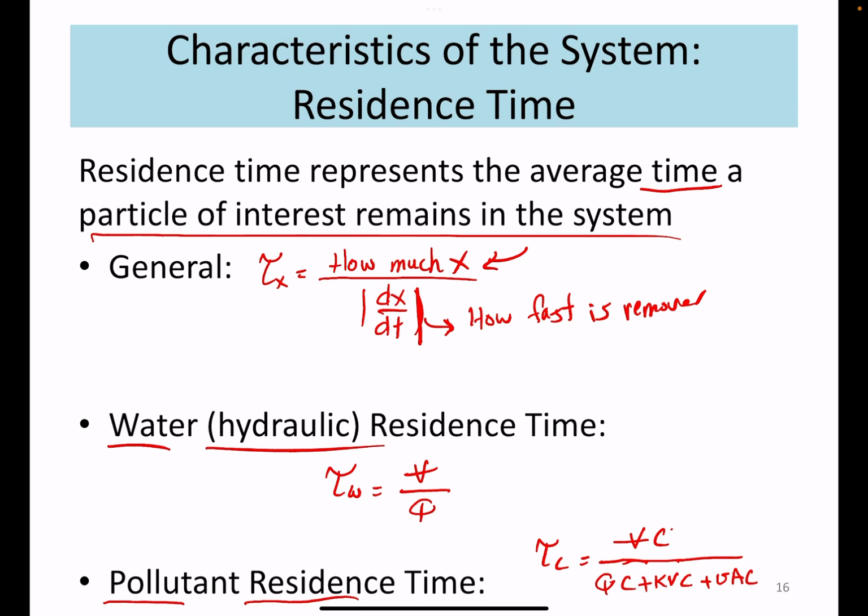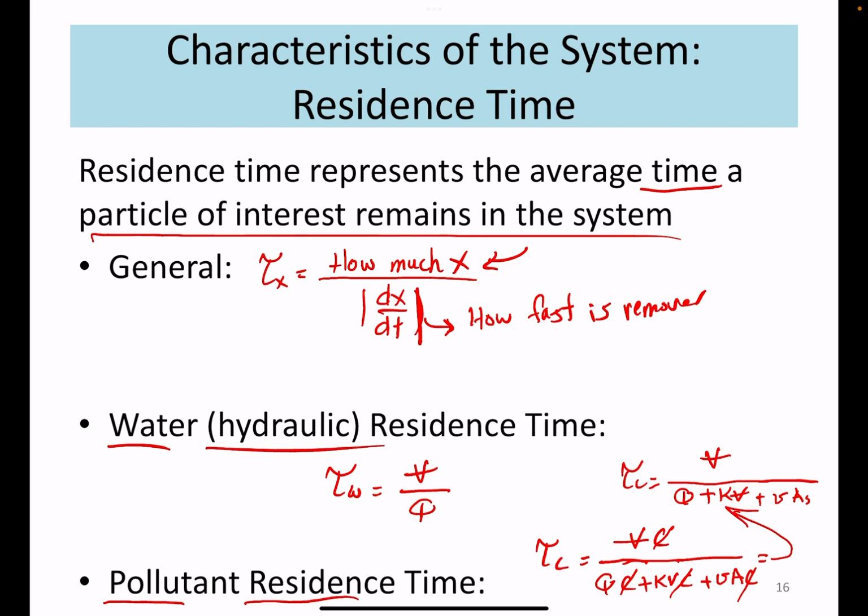So then the pollutant residence time will be equal to the volume over Q plus KV plus velocity times the area. Of course, this is the surface area of the lake.